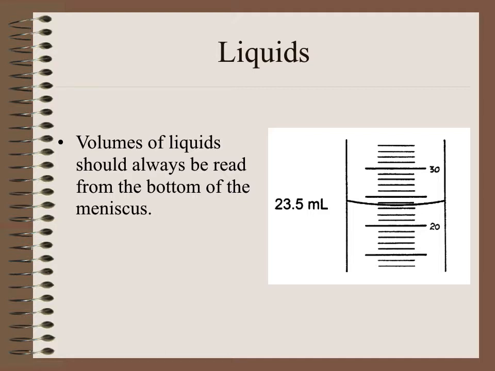In this particular case, you could see that we have a 20 and a 30 with 10 lines in between. Therefore, each line represents 1 milliliter. That may not always be the case, so make sure you look at each graduated cylinder individually. You can see that the bottom of the curve is somewhere between the third line and the fourth line, so we can estimate that the reading for this graduated cylinder is 23.5 milliliters.